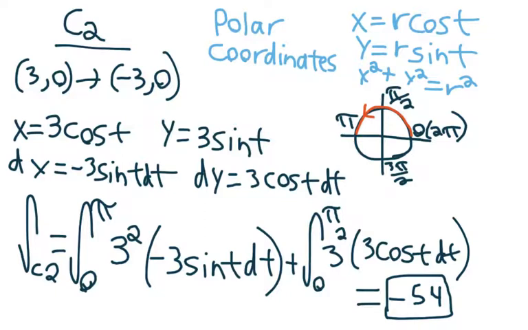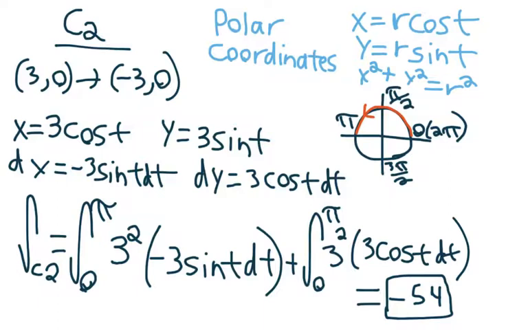So for C2, we know that we're going from 3, 0 to minus 3, 0. We're going to place x as equal to r cos t, r being the radius, which is 3, so 3 cos t, in which case dx is minus 3 sin t dt. And if y is 3 sin t, well then dy is 3 cos t dt.